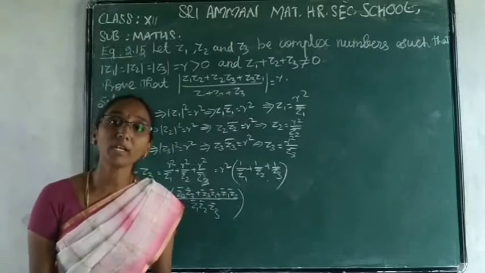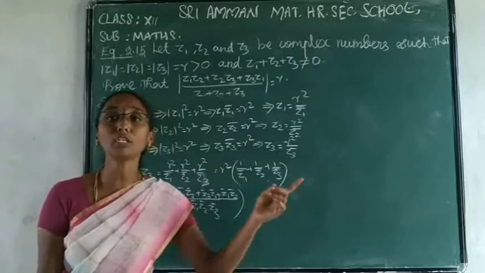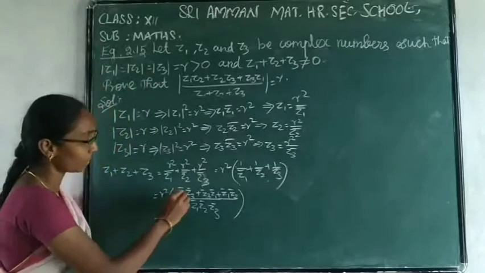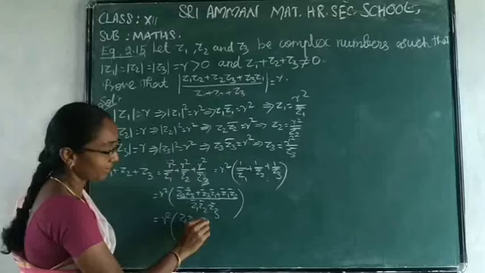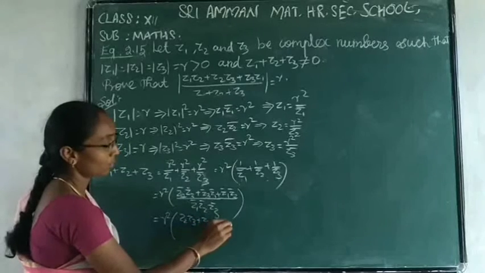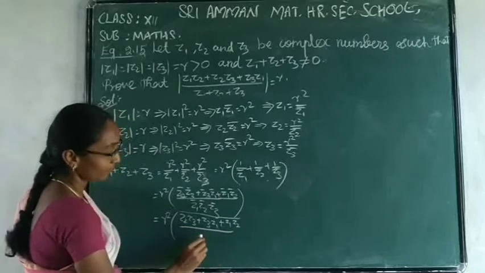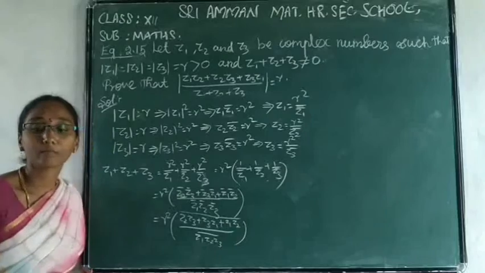What is the property? Z1 bar plus Z2 bar equal to Z1 plus Z2 the whole bar. So this is written as r square into (Z2 Z3 plus Z3 Z1 plus Z1 Z2) the whole bar divided by (Z1 Z2 Z3) the whole bar.